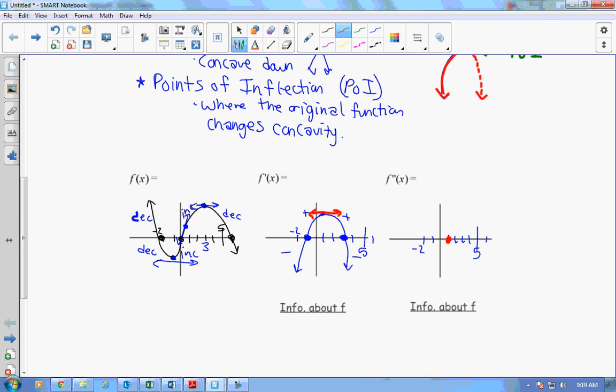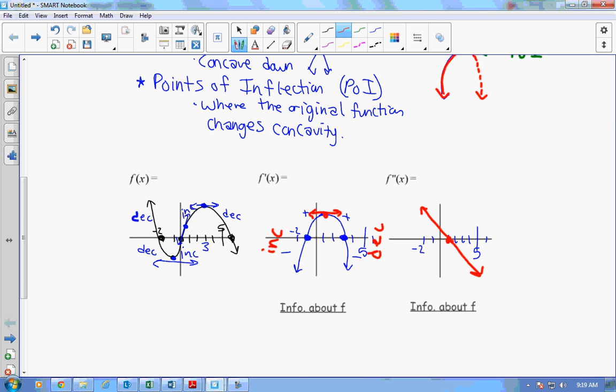Until that point, what's going on with the function? It's increasing, so our graph would be positive. Yep, it's linear. Because this is increasing and then it starts decreasing, that makes the derivative of that negative.